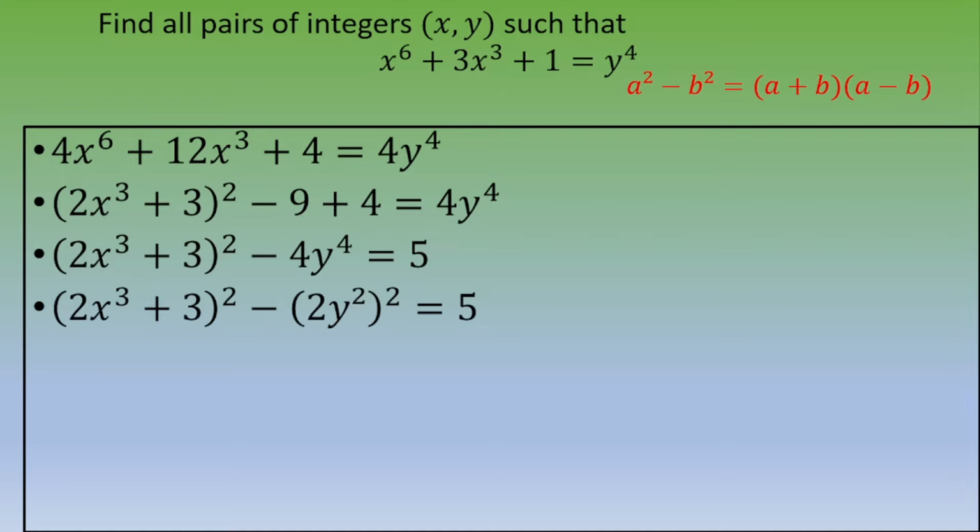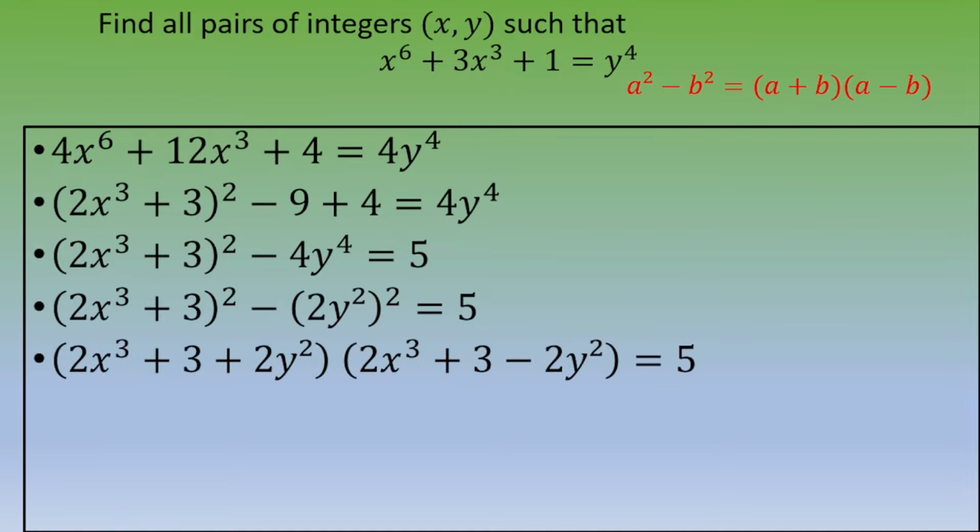So you end up with 2x cubed plus 3 plus 2y squared times 2x cubed plus 3 minus 2y squared equals 5. So now you've got a product equals 5.